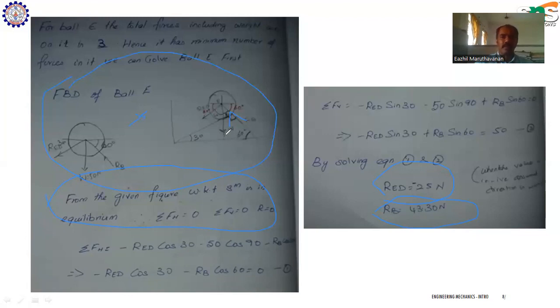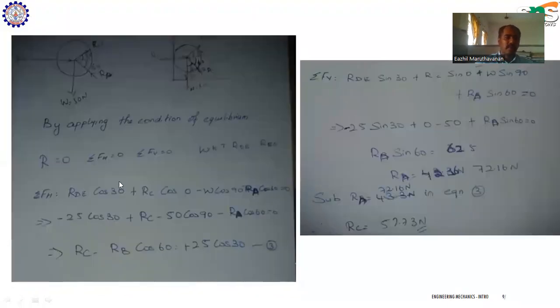Then we have to solve the other ball. Here also we can apply the concept by identifying the angles and applying the conditions of equilibrium: sigma FH equals 0, sigma FV equals 0, and the resultant force will also be 0. The forces between RDE and RED will be equal, so we can take RDE as minus 25 over here.